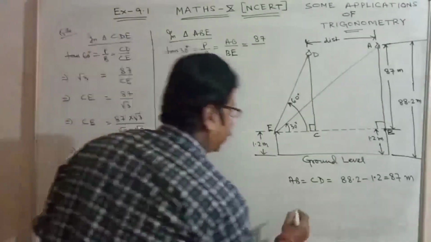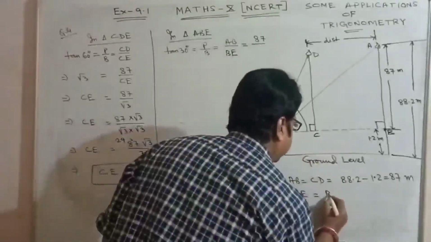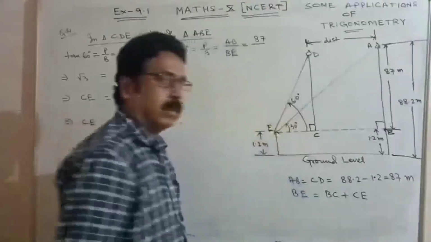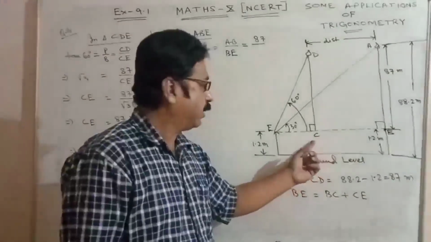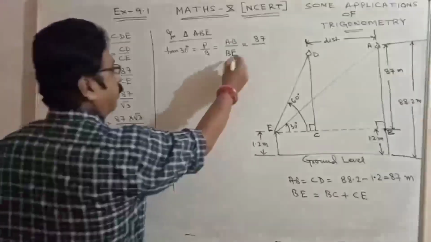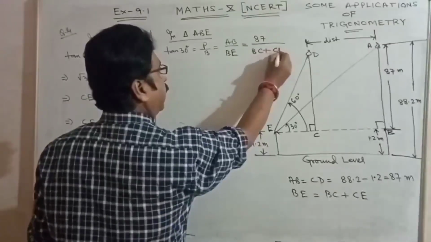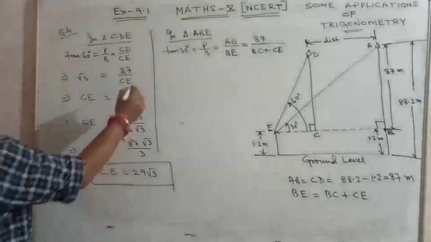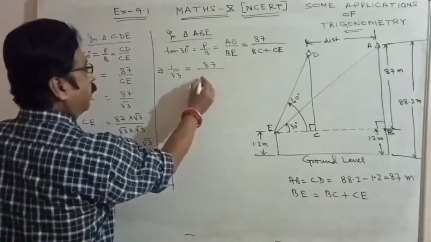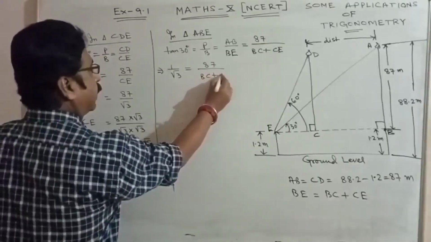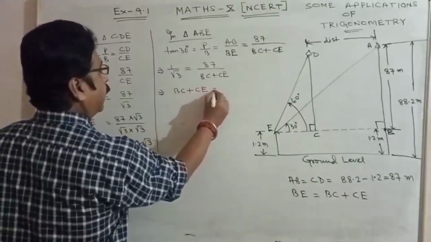BE can be written as BC plus CE, that means this much. In place of BE, we can write BC plus CE. Tan 30 means 1 upon root 3. We got 87 upon BC plus CE. Cross multiplication: BC plus CE equals 87 root 3.